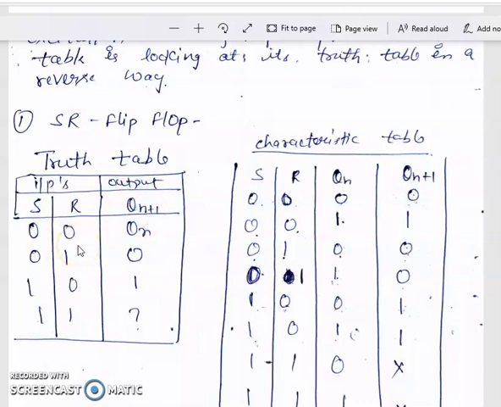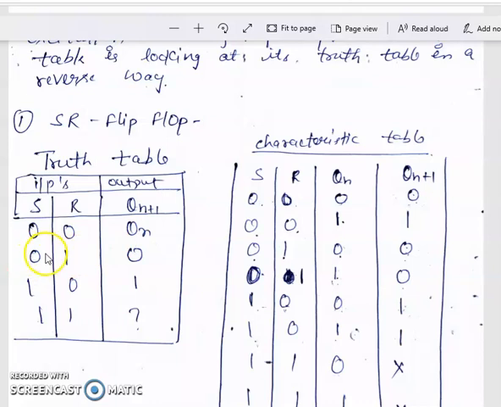We know the truth table of the SR flip-flop, it is memorized. 0 0: when the value of SR is 0, 0, the flip-flop is constant in the present state, that is Qn, or no change.